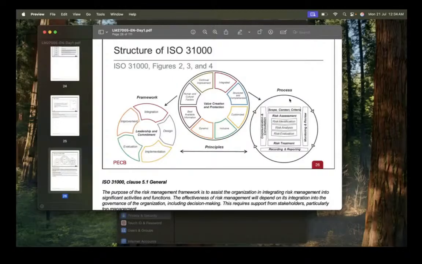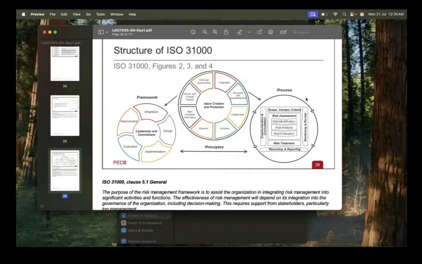Then how does this process work? First the scope, context, and criteria are defined: what is the scope, what is the context, what are the criteria. Then risk assessment happens, with activities that assess the risk.